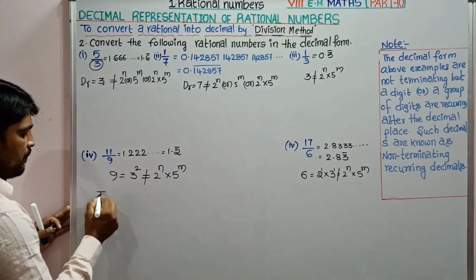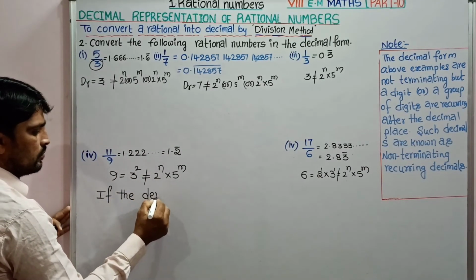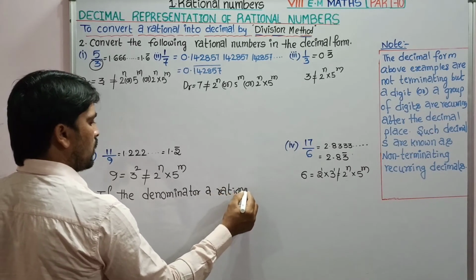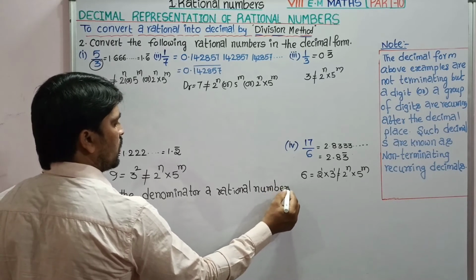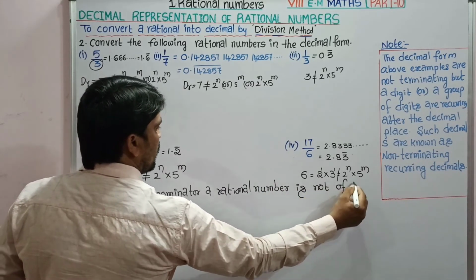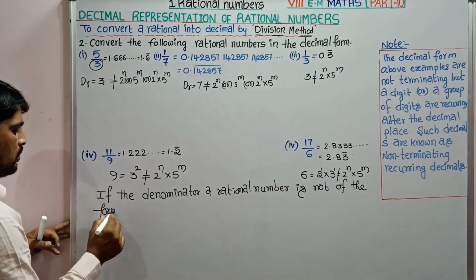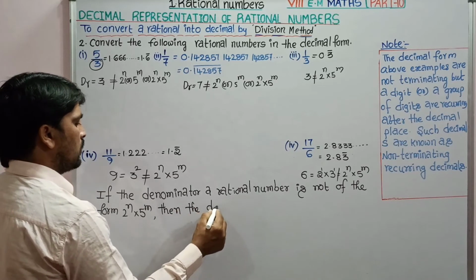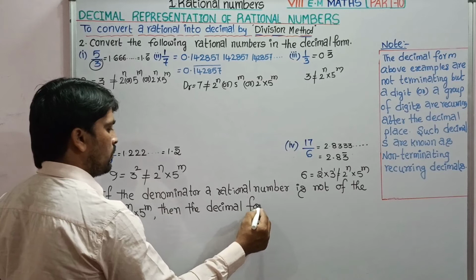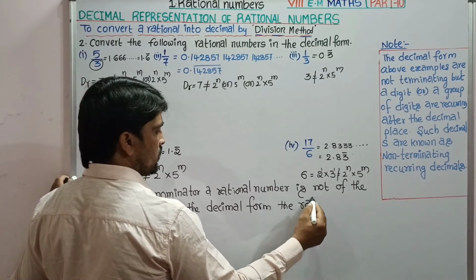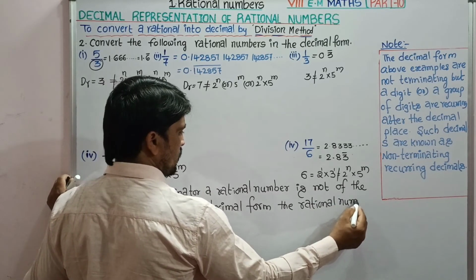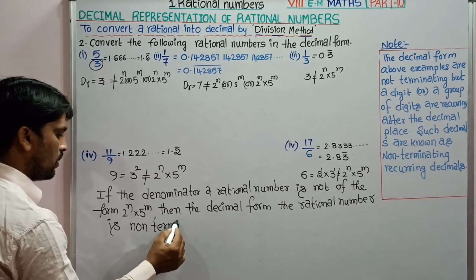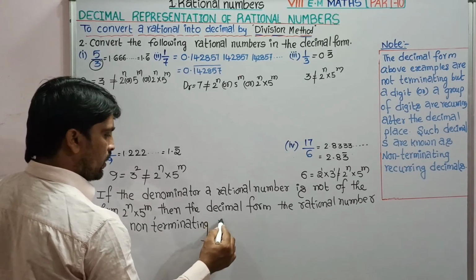Yes. That is, if the denominator of a rational number is not of the form 2 power n into 5 power m, then the decimal form of the rational number is a non-terminating recurring decimal.